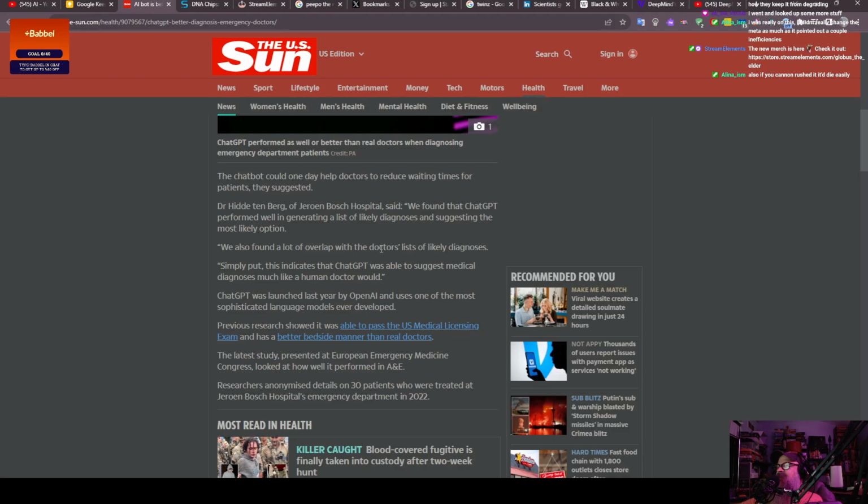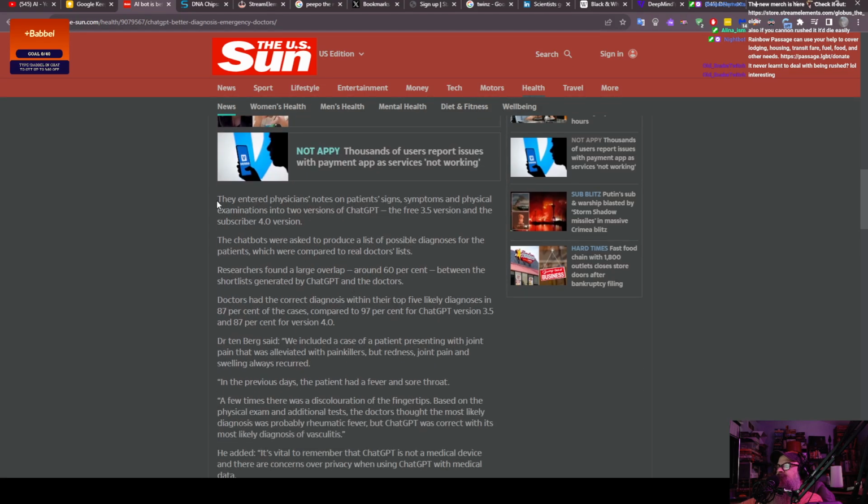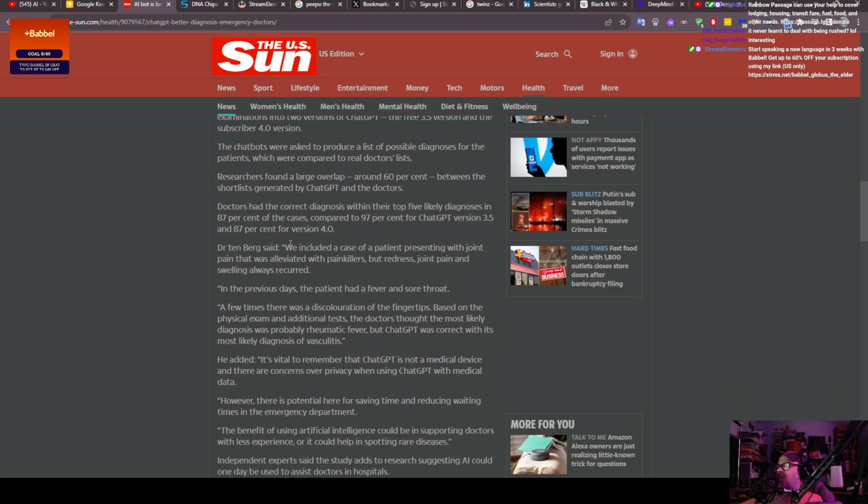We also found a lot of overlap with the doctor's list of likely diagnoses. Simply put, this indicates that ChatGPT was able to suggest medical diagnoses much like a human doctor would. So they anonymized details on 30 patients treated at this hospital in 2022. They entered physician notes on patient signs, symptoms, and physical examinations into two versions of ChatGPT, the 3.5 and the 4.